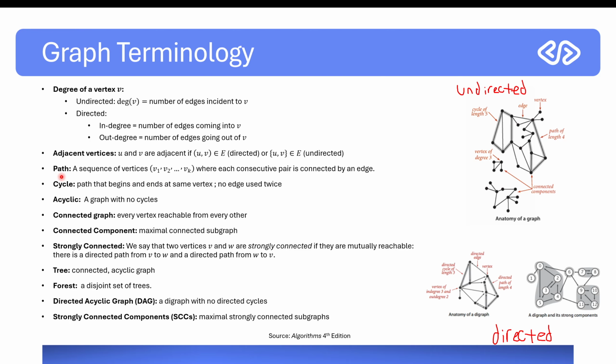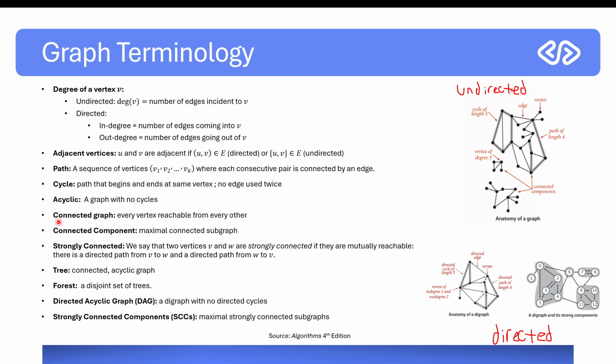A cycle is a path that starts and ends at the same vertex, and no edge is used twice. So here's one that's highlighted in gray. Say this is U at the top here, and this one has 5 edges: 1, 2, 3, 4, 5. We start and end here, so that's a cycle. Acyclic just describes graphs that have no cycles, which we'll see later.